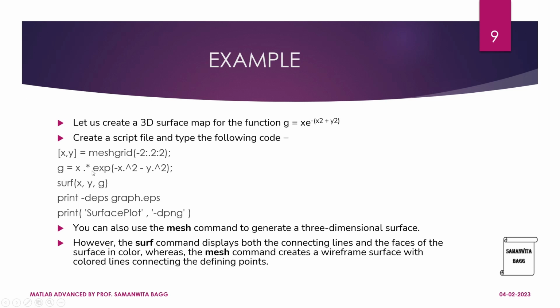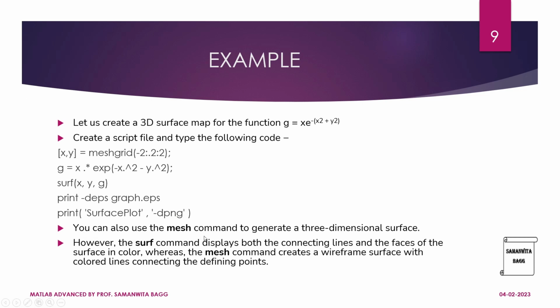G is indicating the function that we have over here. Surf is the command to be used for surface plot. So x, y and g is the function. Print -deps graph.eps and print surface plot. This is something which you should give when you want to save the plot which you have obtained as a .png file.